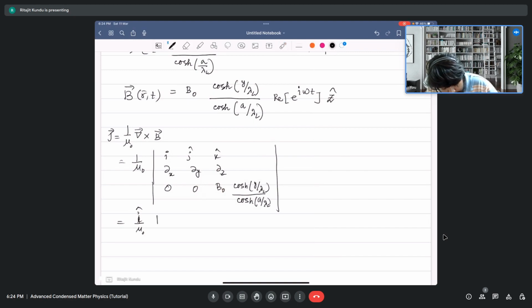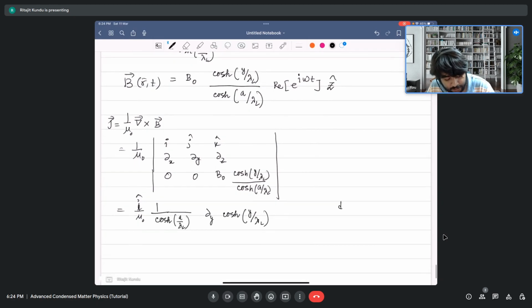Let me directly write it as one over cosine hyperbolic a by lambda L, and there is this del y of cosine hyperbolic y by lambda L. The derivative of a cosine hyperbolic is just sine hyperbolic, so let's use that.